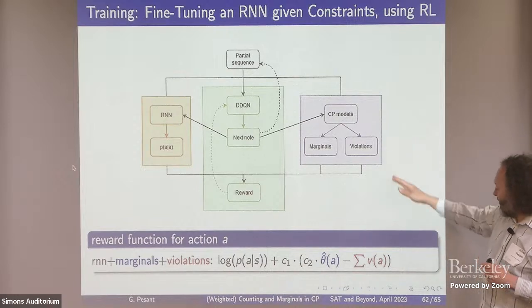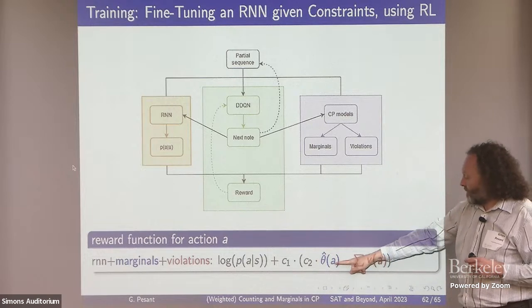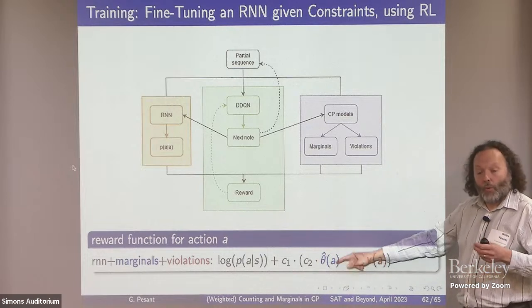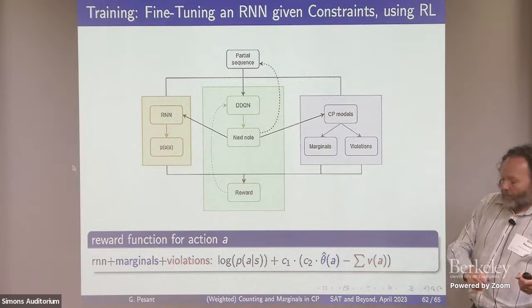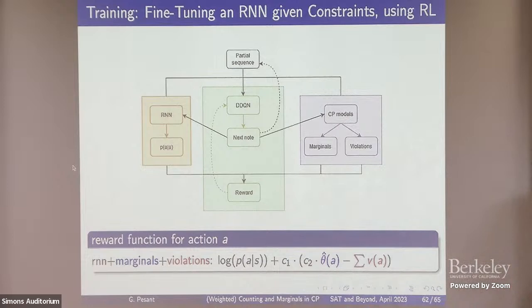Since we've got these approximated marginals over the action or the value, we can use that from the CP model to add to the reward function. My apologies if you're not familiar with reinforcement learning. It helps train the agent further. It's information that's more natural to integrate into neural machine learning than just saying it's binary, it satisfies or it doesn't.